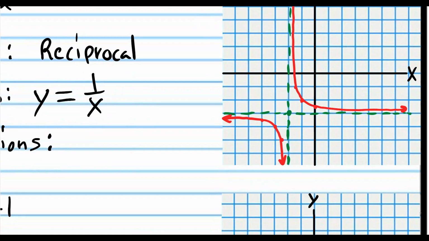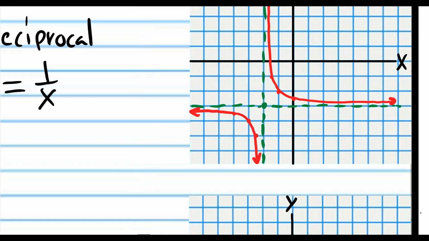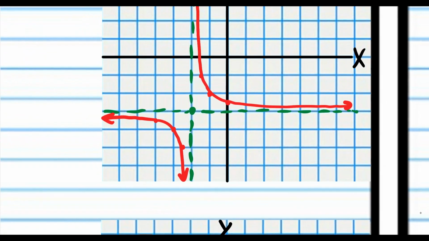And if you pretend that this point here is the origin, then you can actually use this equation plugging in values, and you can find this point 1, 1, and -1, -1, and 2, 1/2, so on and so forth, using this equation. If I plug in 1 for x, I get 1 for y. So I go out 1 and up 1, and so on and so forth. If I plug in 2 for x, then y is 1/2. So I go out 1, 2, and up 1/2. So if you forget the points, you can use that equation.